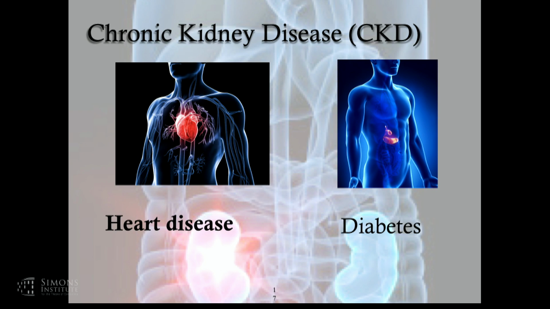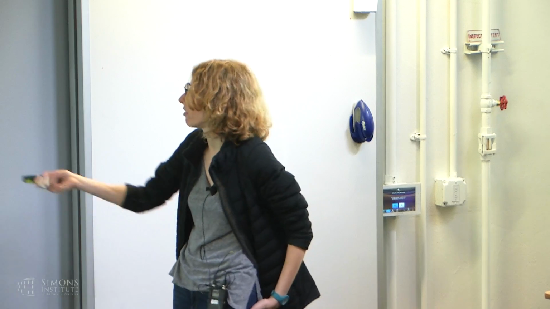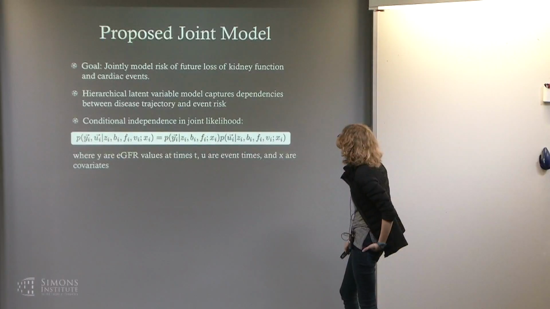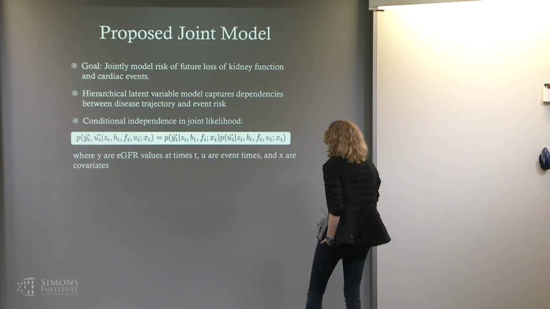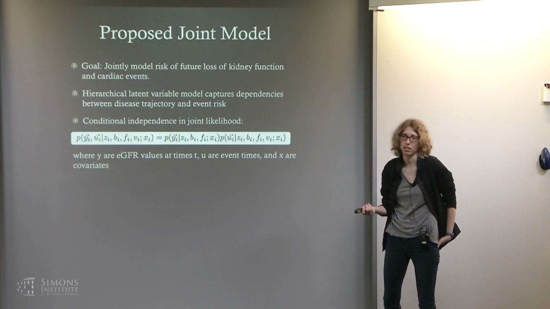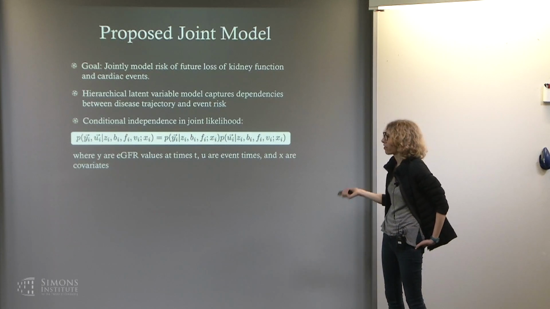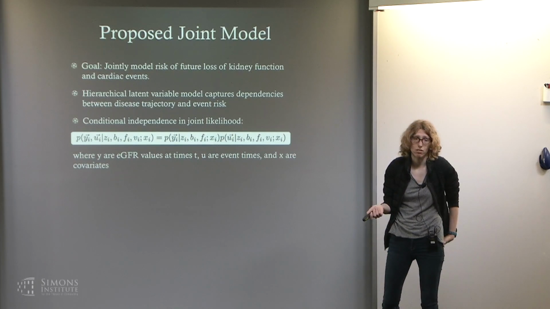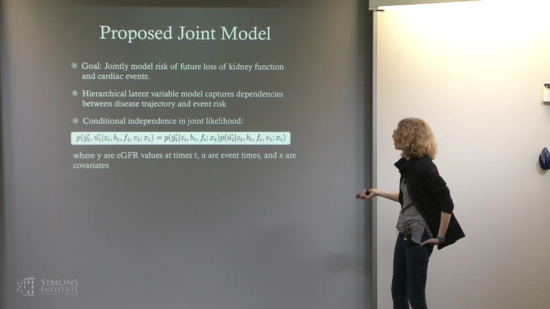Another thing that we looked at was that chronic kidney disease is also correlated with other things. It's correlated with, or causes, heart disease, right? Somebody who has chronic kidney disease could have heart attacks, they could have strokes, they often have diabetes. And so one of our goals was to model jointly chronic kidney disease, in the form of estimated eGFR, with these bad events, like heart attacks, strokes, et cetera.